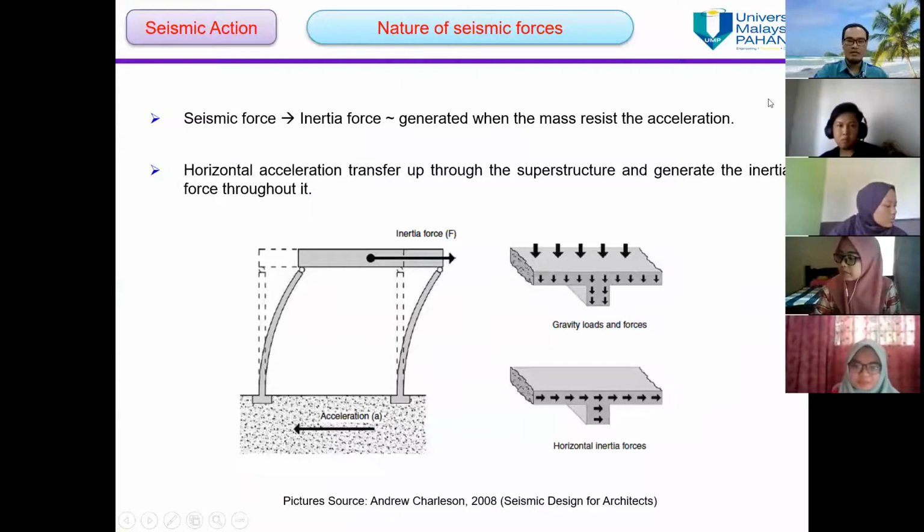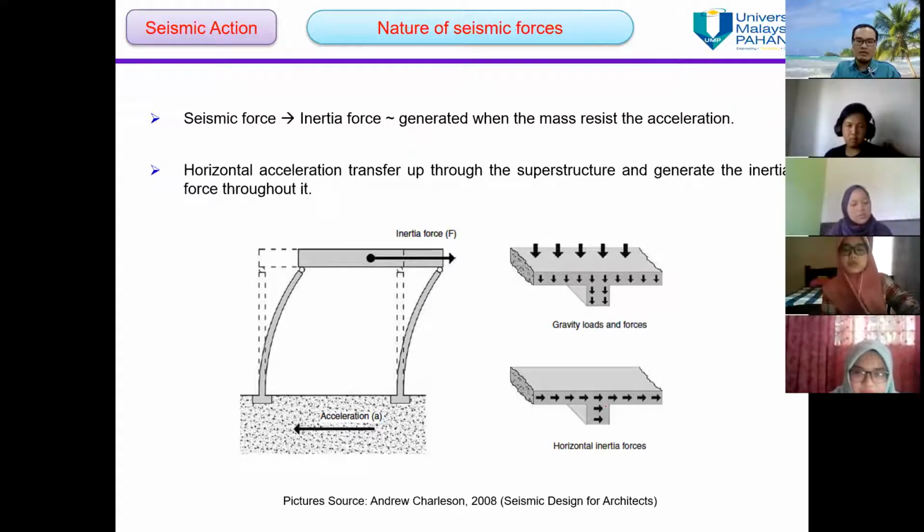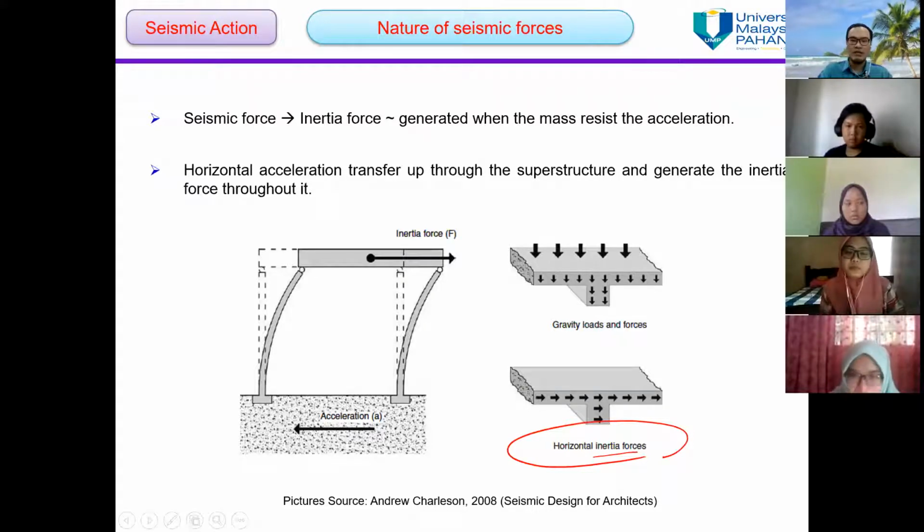Okay, this is to recall what I have mentioned in part 1, on how the forces of the earthquake act on the building, which act horizontally, from the inertial forces when it tries to resist the acceleration of the ground.